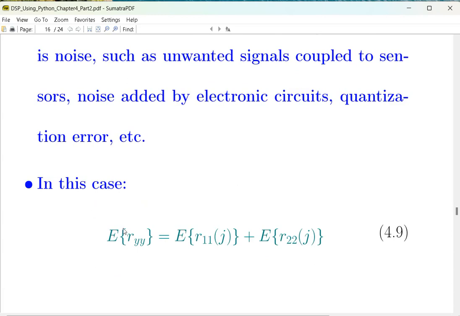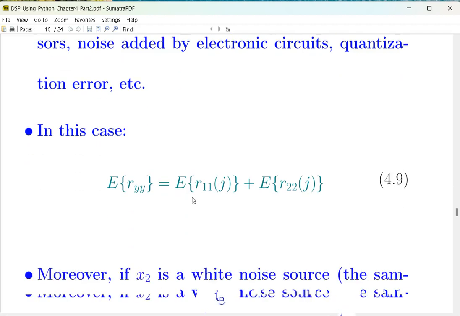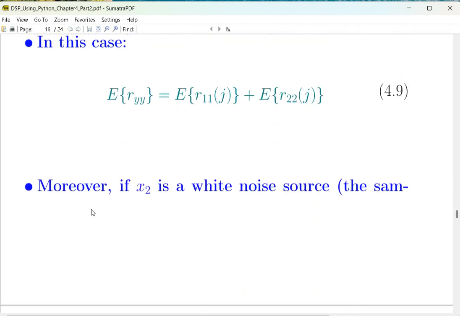In this case, the expected value of r double y will be equal to the expected value of r double 1 of j plus the expected value of r double 2 of j. You may omit j to simplify the discussion.